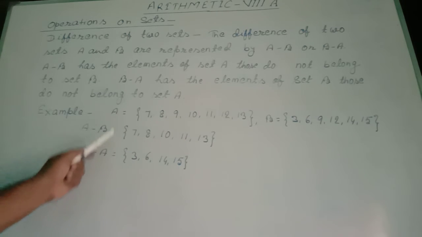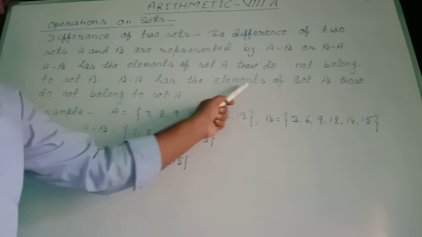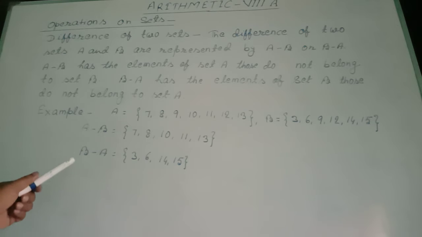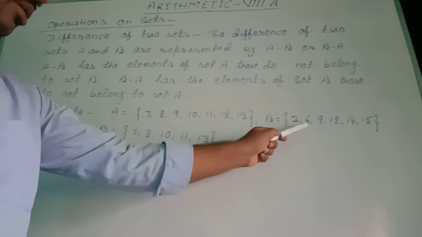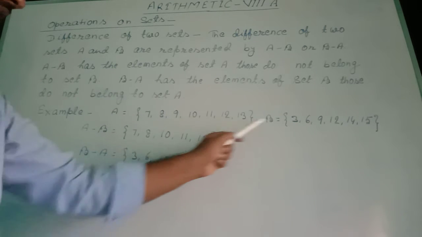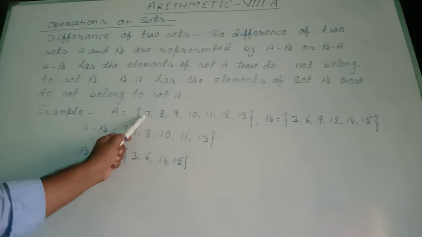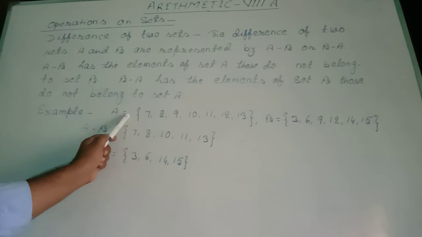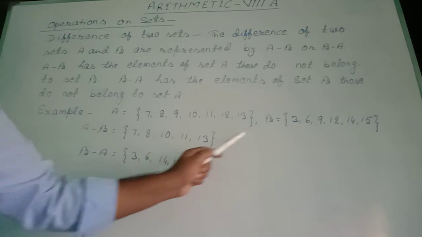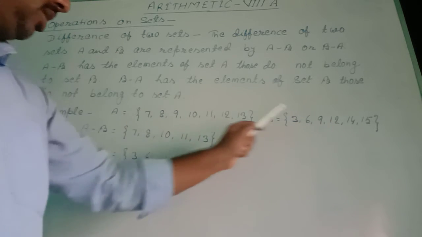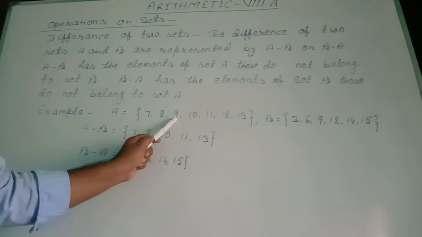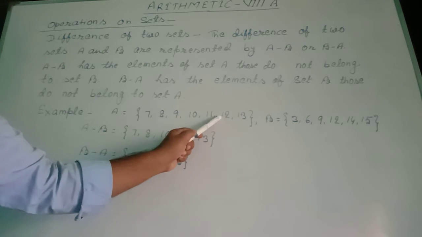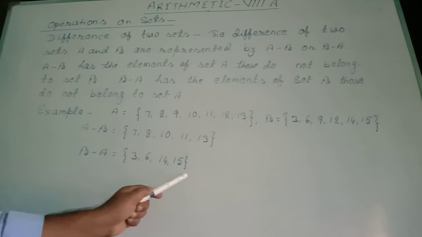Second, B minus A. B minus A has the elements of set B that do not belong to set A. 3 is here but 3 does not belong to set A, so I wrote 3. 6 is here, 6 does not belong to set A, so I wrote 6. 9 is here but 9 belongs to A, so I did not write 9. 12 is here, 12 also belongs to set A, so I did not write 12.